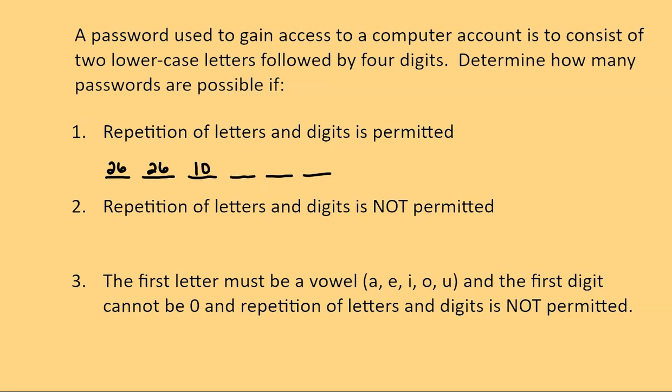Again, there are 4 digits, and we're told that repetition is permitted, so those same possible 10 digits could go in the rest of the positions. Based on the multiplication principle, all we need to do is multiply those together. And when we do, we get 6,760,000.